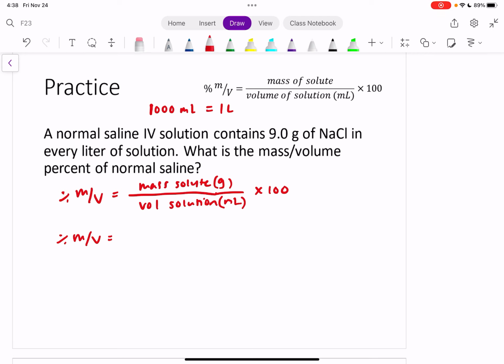So let's go ahead and plug in these numbers. We have 9 grams of NaCl divided by 1,000 milliliters, again putting my units in there, and then we multiply all that by 100 to get it into a percentage. Essentially we're taking 9 divided by 1,000 and multiplying by 100, which gives us 0.9.